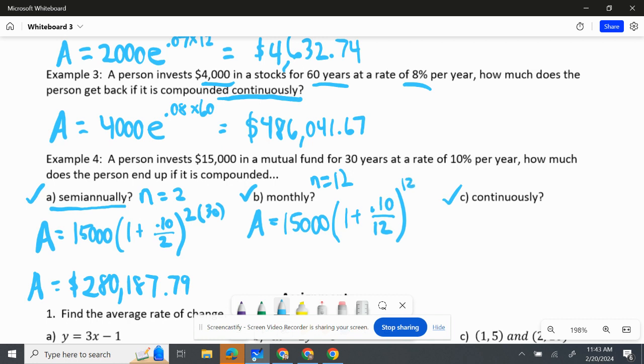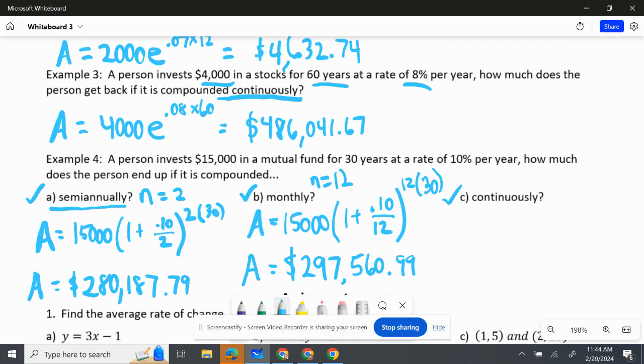We're raising it to the 12 times 30. And that right there gives us an answer of $297,560.99.